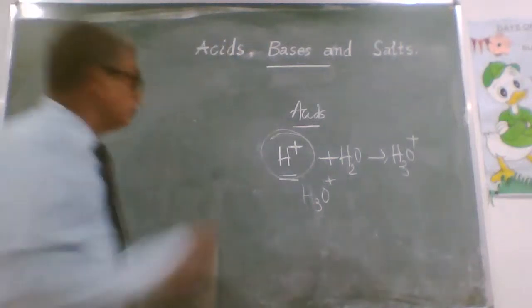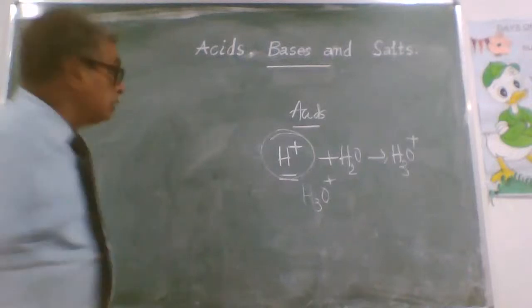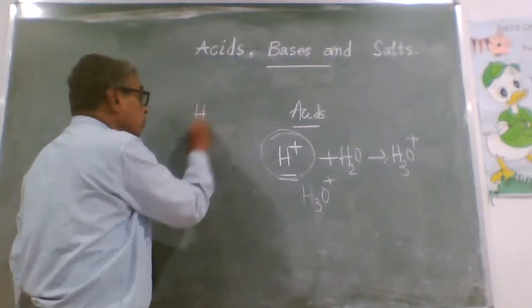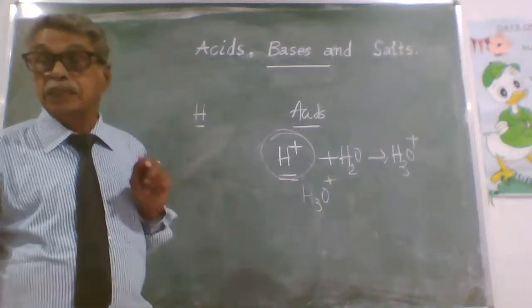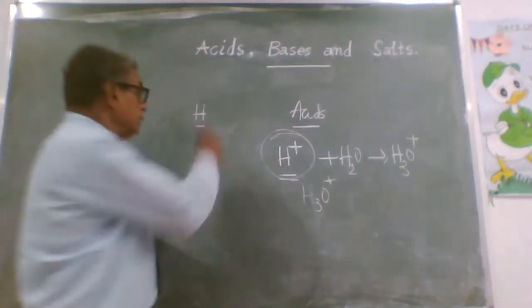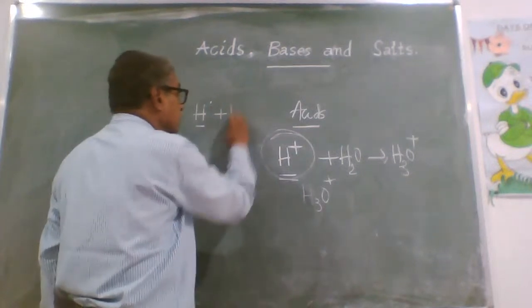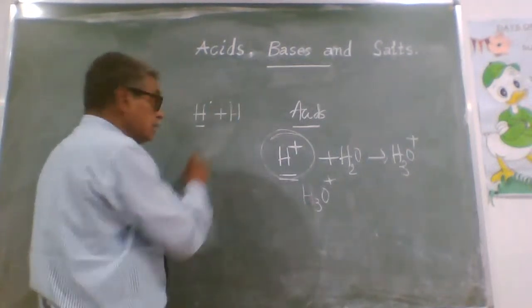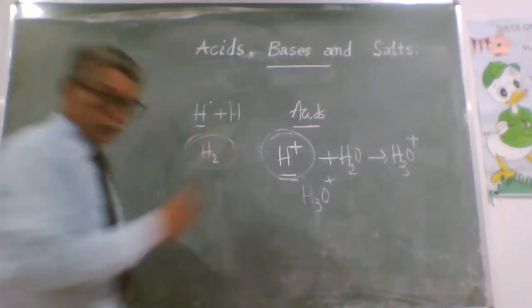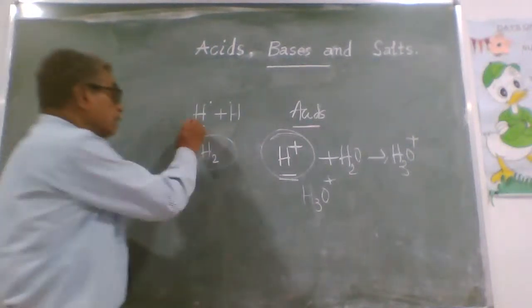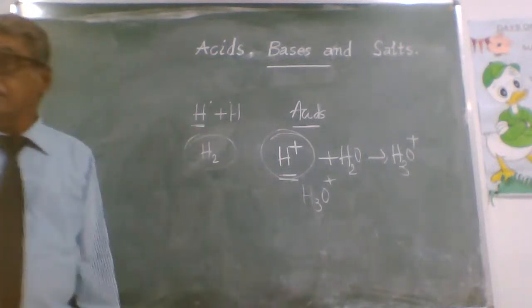That's the reason we said hydrogen atom cannot exist. An atom of hydrogen cannot exist freely. It will immediately combine with another atom of hydrogen and a shared molecule H2 is formed. A single atom of hydrogen has no free existence.